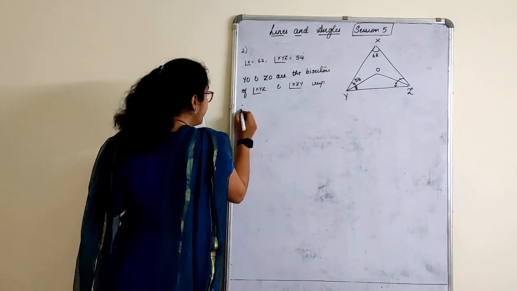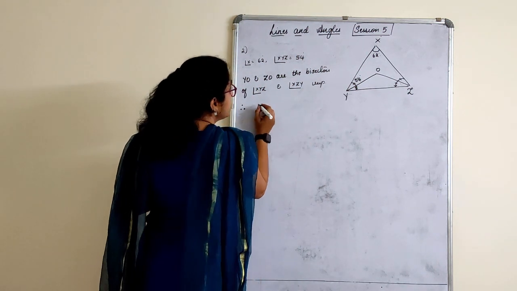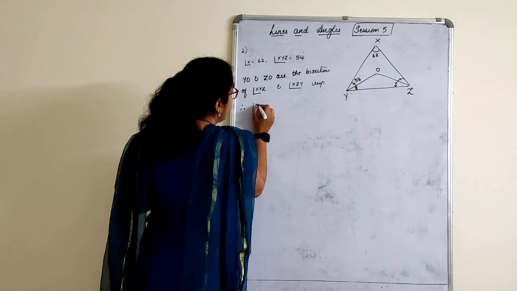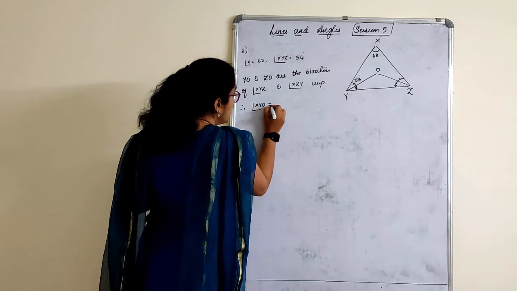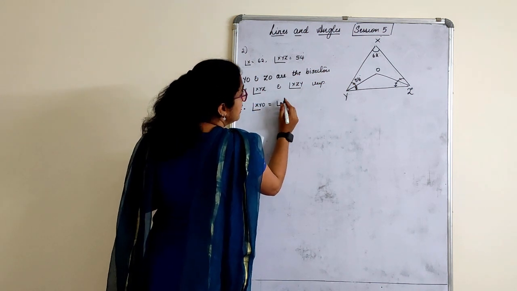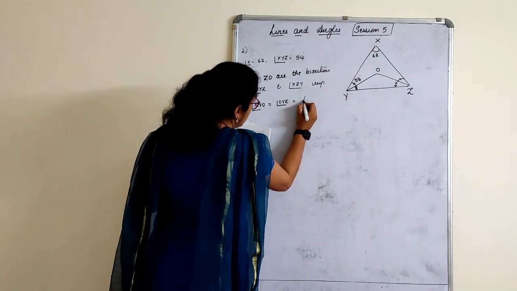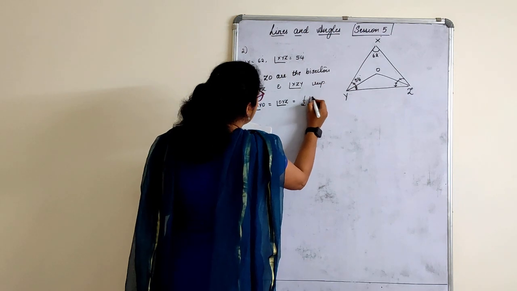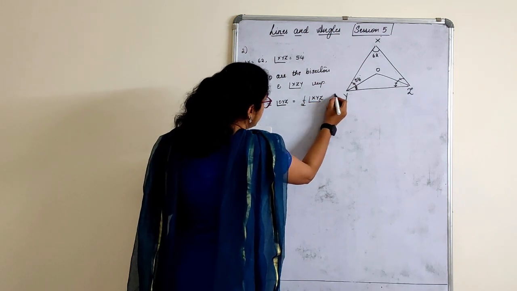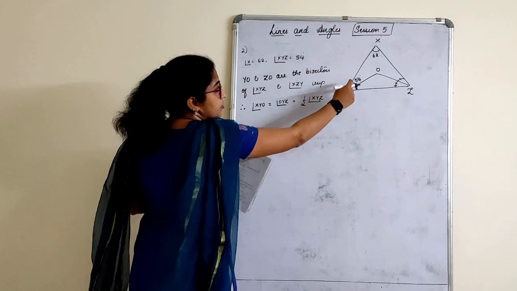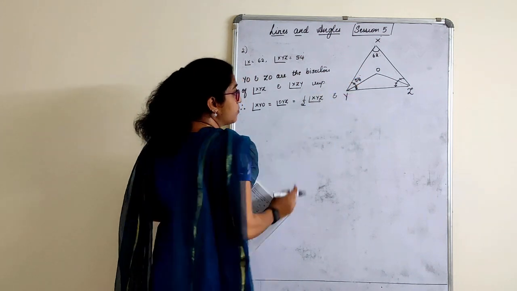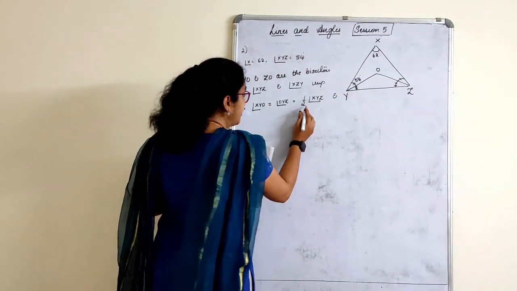Therefore, I will write here angle XYO is equal to angle OYZ is equal to half of angle XYZ, right? So, this angle and this angle is equal to half of XYZ. Find how much it is.